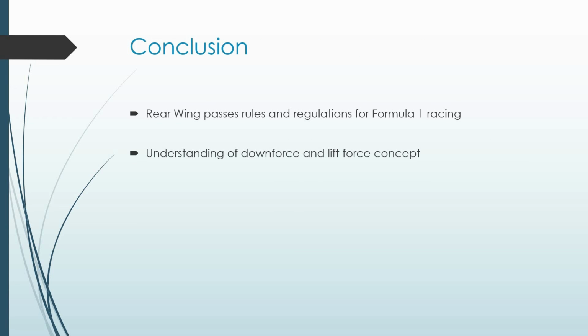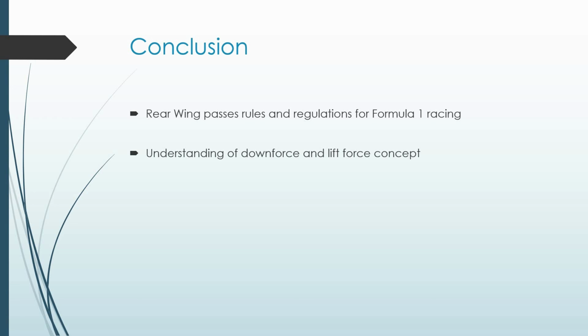In conclusion, after running all simulations and performing the required calculations, our group was able to obtain a respectable set of results. The design of the rear wing that we have done passes the rules and regulations for Formula One racing.